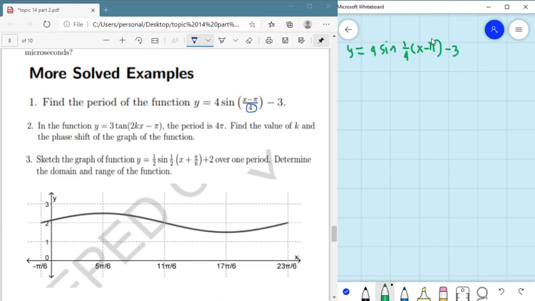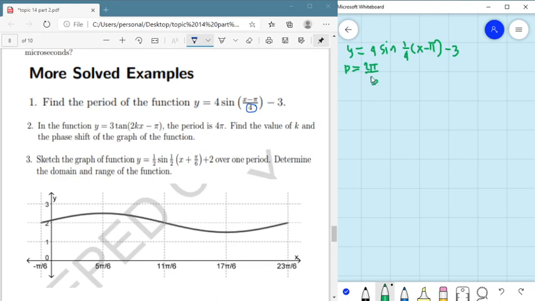So that our a here is 4, our b is 1/4. To find the period, if the function given is sine, we use 2 pi over b.